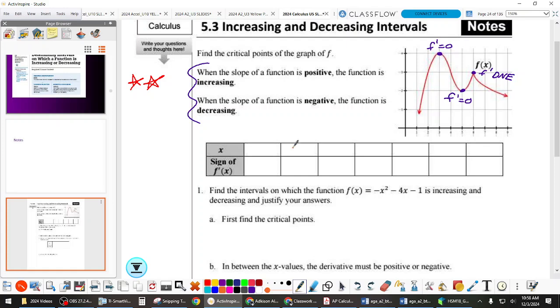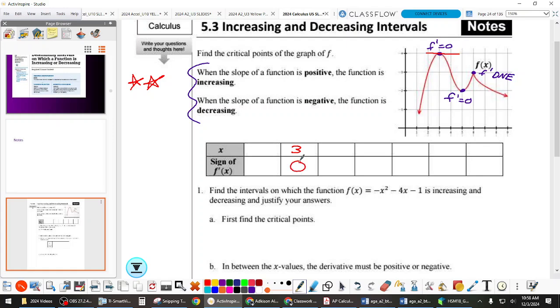So, our first one is at 3, so x equals 3. What's the sign of f prime there? It's kind of a weird question. What do you mean, the sign? Yeah, the sign of the slope. Oh, it would be positive, right? At 3. Yeah. So that would be what our tangent line looks like. So what's the slope of that?